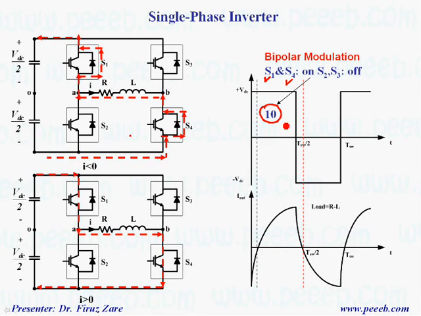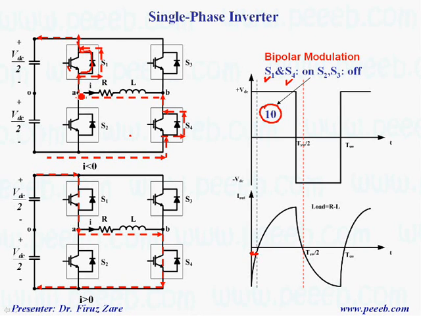But in a steady state, we can see that for this short period, the current is negative while the output voltage is positive. The output voltage is positive because this switch is on, and the current is negative, so this is the direction of current. This switch is on but it cannot handle the current because of its direction, so in this case current passes through the diode.